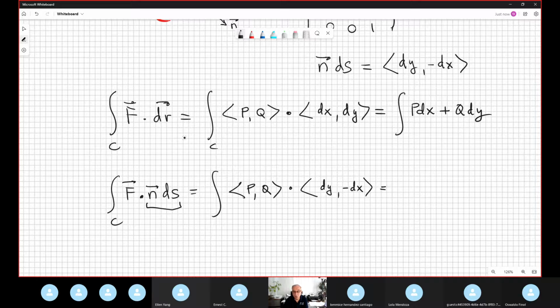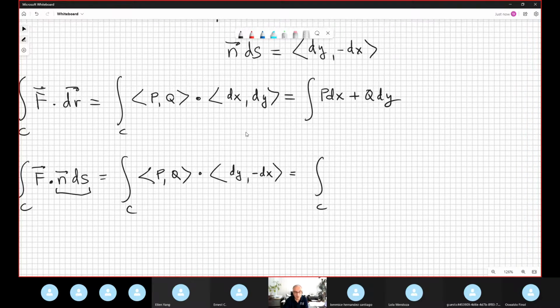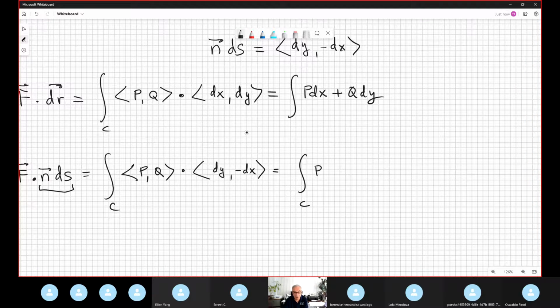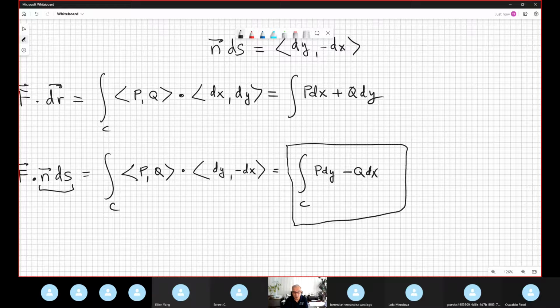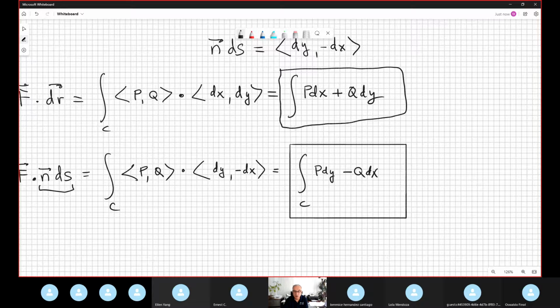Okay, and when you perform the dot product, we have p dy minus q dx. Wow! And this is the formula for the flux integral, and this is the formula for the circulation integral. End of the story.